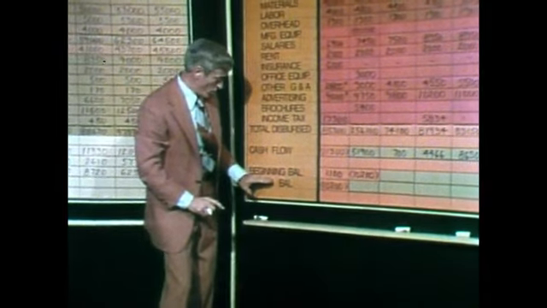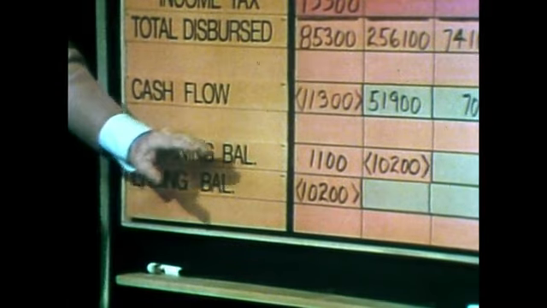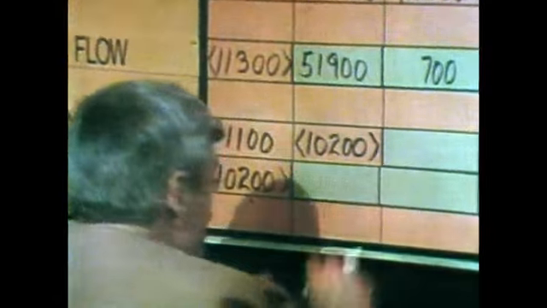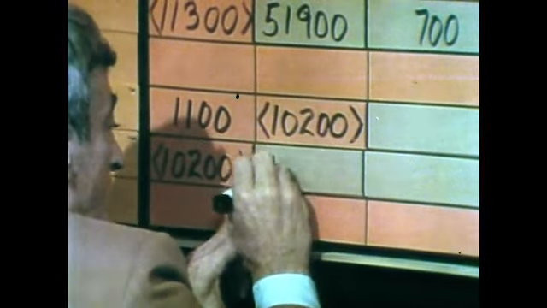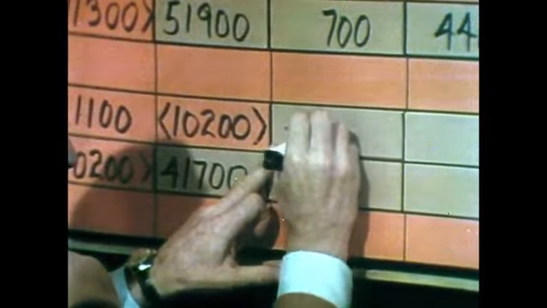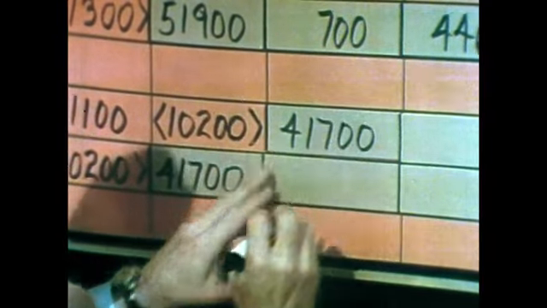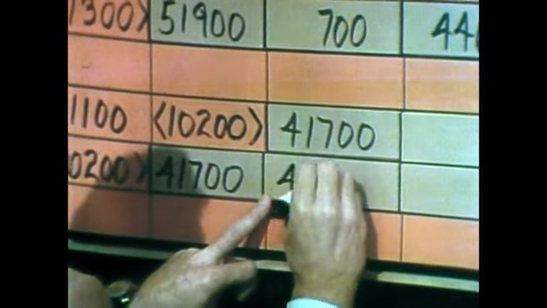Now, the beginning balance comes from the month before, but the ending balance comes from adding the cash flow to the beginning balance. You're going to have to help me with the arithmetic here. Month number 2, add the cash flow to the beginning balance. $41,700, and that's cash in the bank. That means we start next month with $41,700. And we end up with $42,400 cash in the bank.